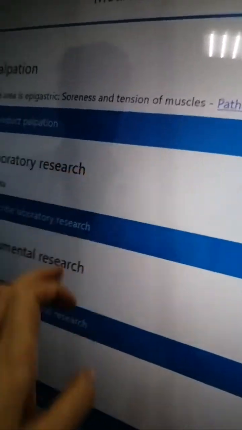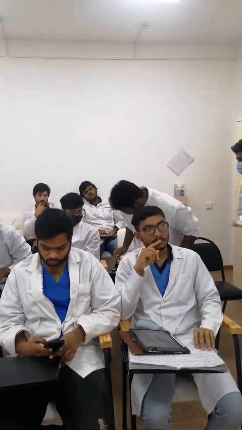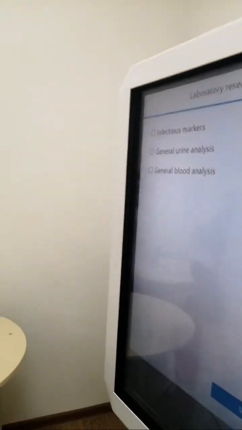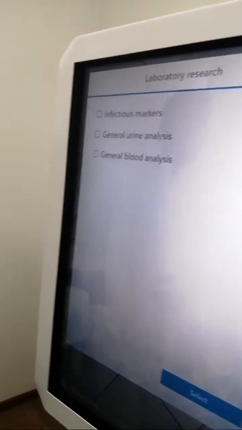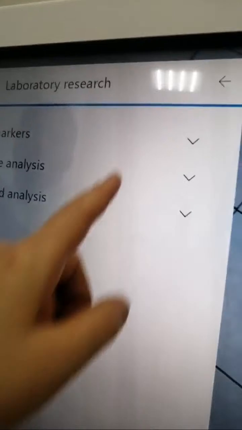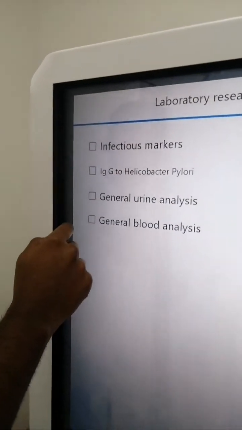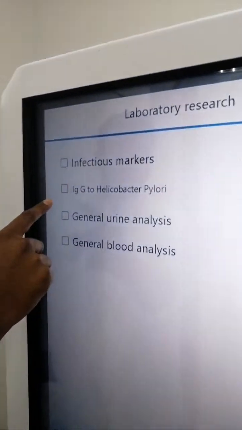Okay, thank you. Next, laboratory task. Next student come. Laboratory task. Please click. Okay, open infections marker, open. Okay, read please. IgG, Immunoglobulin G, Helicobacter pylori. Okay, why do you think this patient needs this laboratory test?